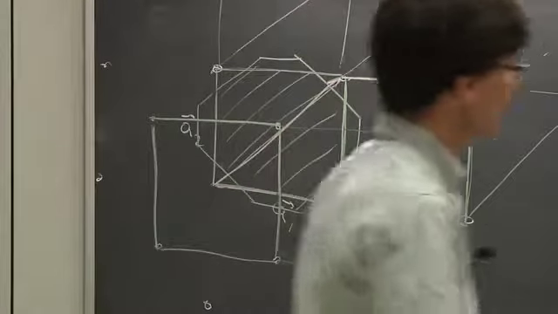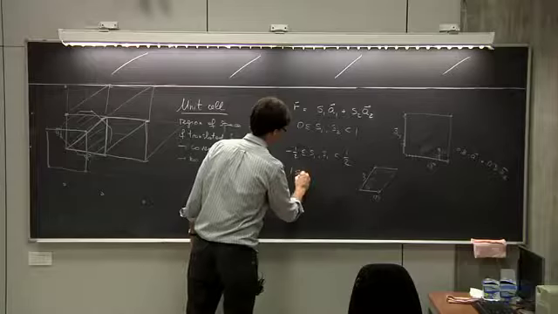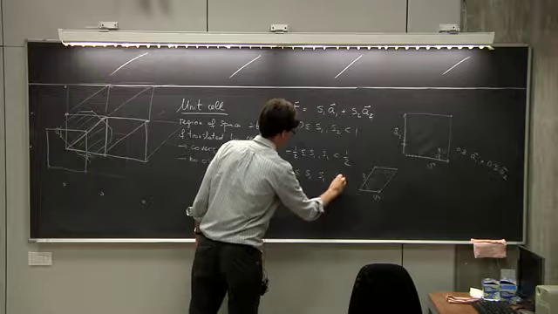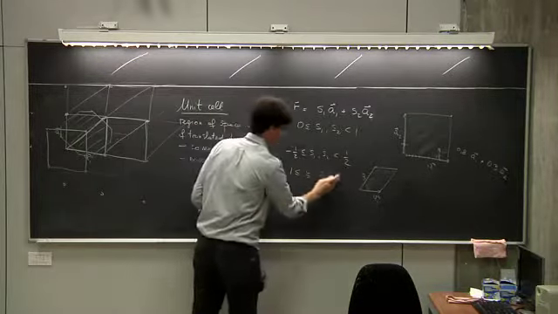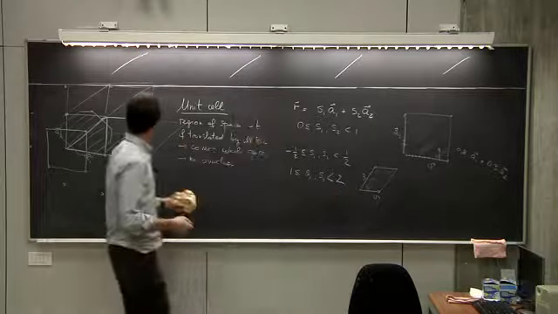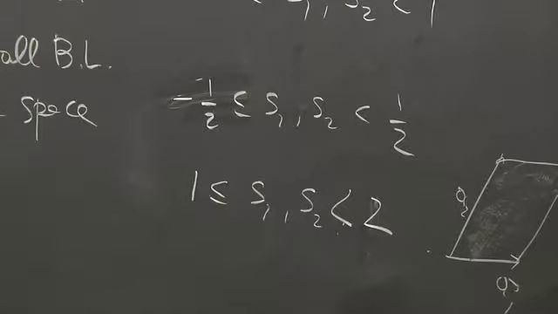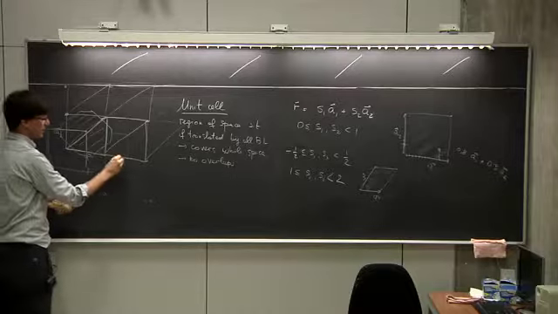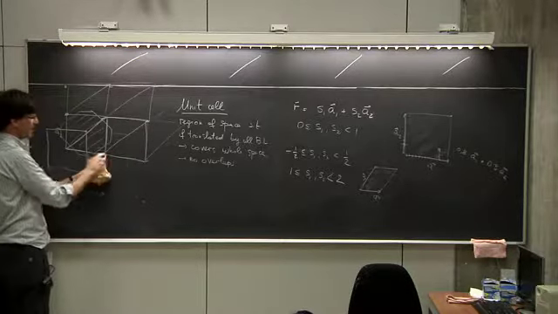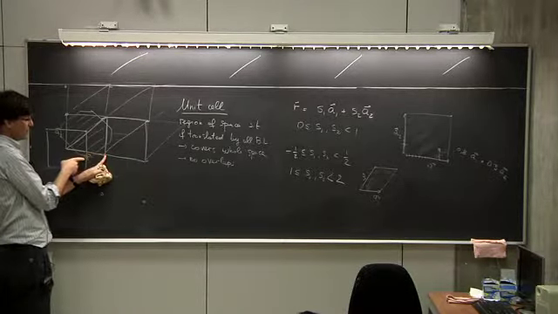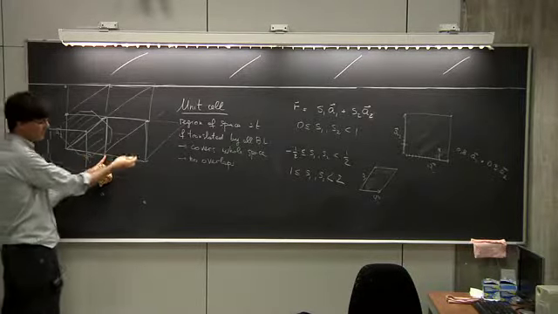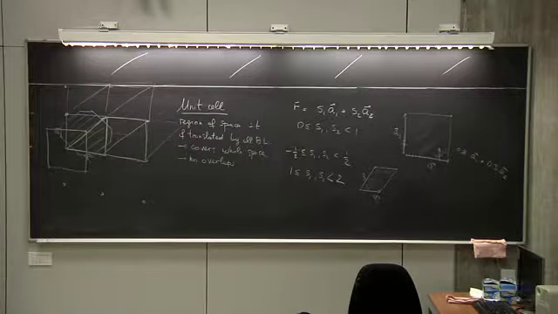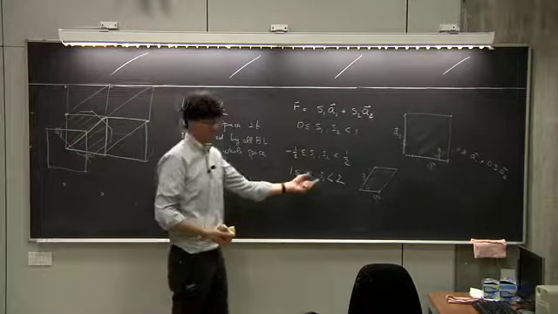Now, that cell would be characterized by 1, right? 2. Right? If you take this one as the unit cell, these points, for example, would be characterized by something between 1 and 2 times A1, right? And that's equally good. So S1 and S2 can be larger than 1 if you wish.